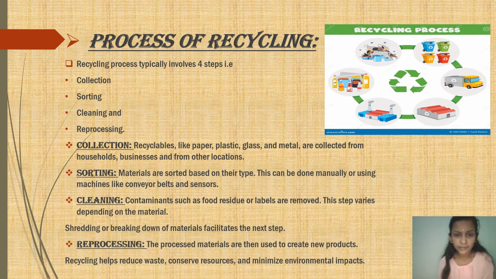Sorting is done based on the type and characteristic of a material. Cleaning is the process of removing unwanted contaminants from the material, and these steps may vary from place to place depending on the material. Reprocessing is the process in which new products are created from the processed material.